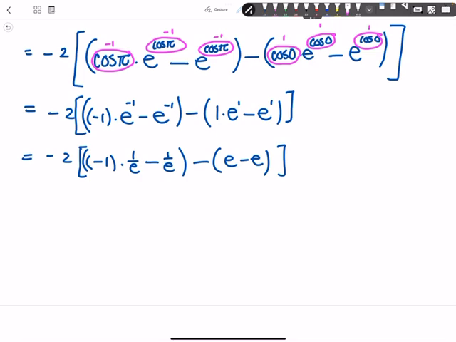All right, so again, you see that this is equal to 0. So I've got -2 times -1 over e minus 1 over e. That gives -2 over e minus 0, of course. It's just going to be equal to 0. So I get my final answer here to be 4 over e.